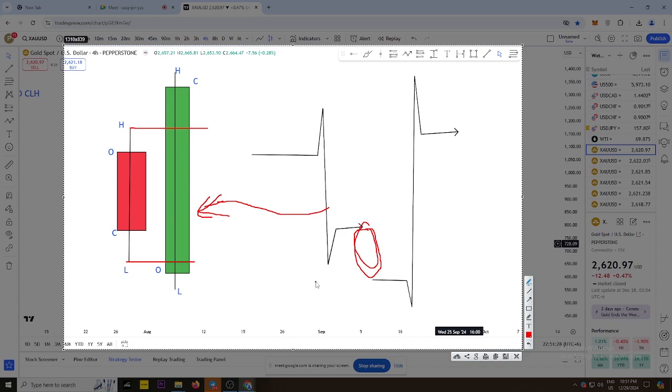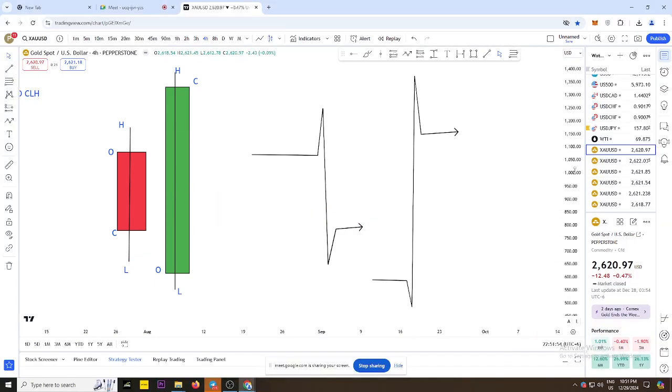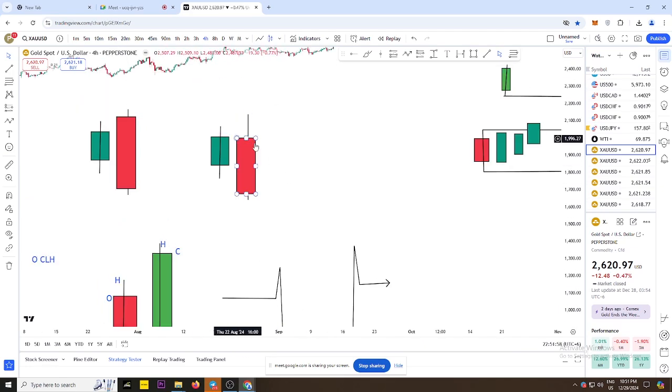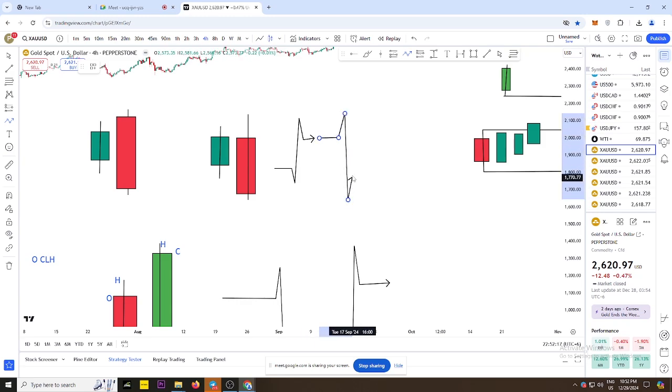Okay, so now let us go back to this example. In this example, the market opens here, goes low, goes up, and then closes, right? Then what we see next is the price immediately started from the closing of the last one, goes up, comes down.